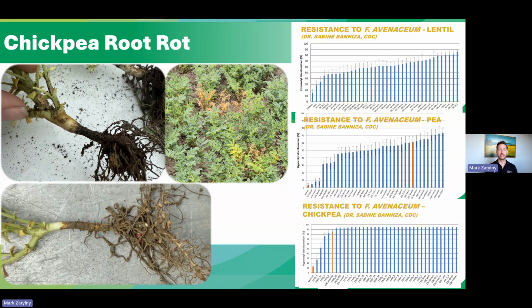But when you go to the chickpeas at the bottom, we only have 5 varieties that were showing some type of resistance, whereas 90 to 100% discoloration of those remaining tested lines were impacted. So chickpeas are an option when we have Aphanomyces issues, but we need to be aware that they aren't immune to other root rot pathogens and are possibly even a bit more susceptible to Fusarium avenaceum than peas or lentils are.